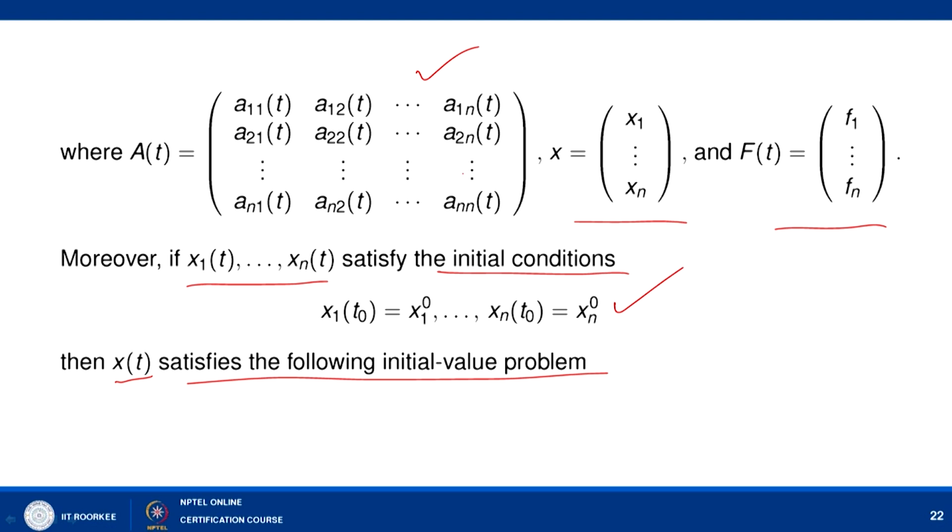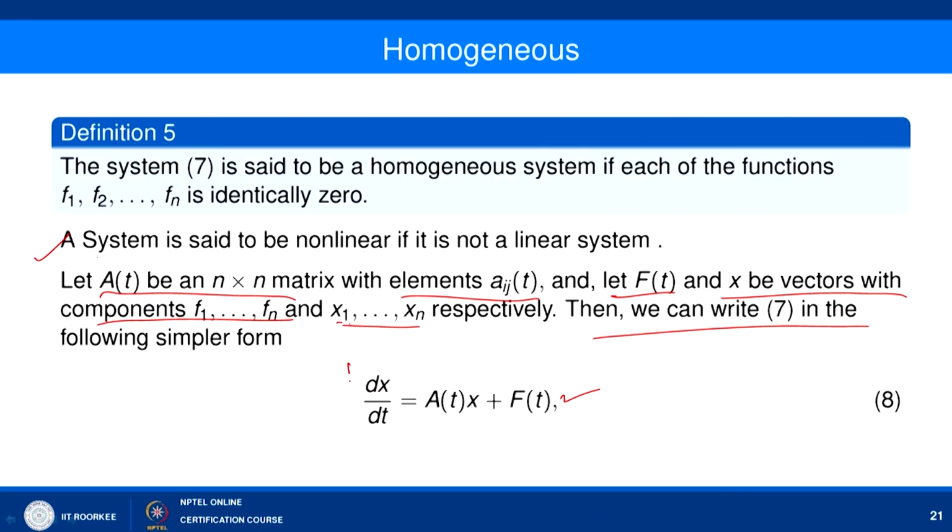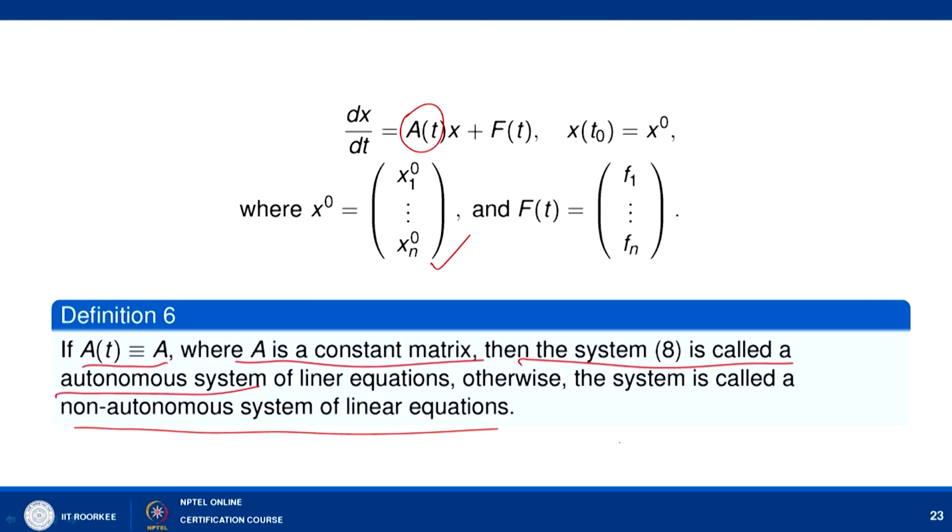If all the coefficients are independent of t, just real constants, then your system x' = Ax + f is known as an autonomous system, otherwise it is known as a non-autonomous system. So, this is an example of a non-autonomous system, and the system x' = Ax is said to be an autonomous system of linear equations.